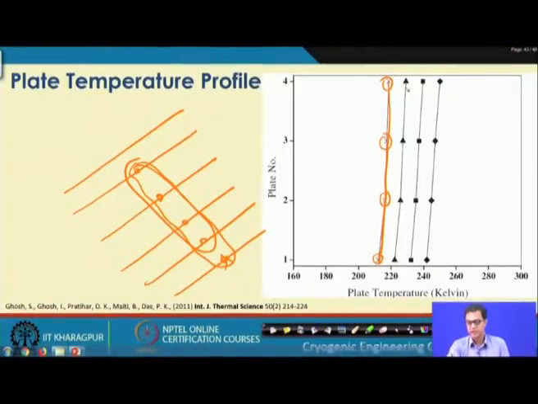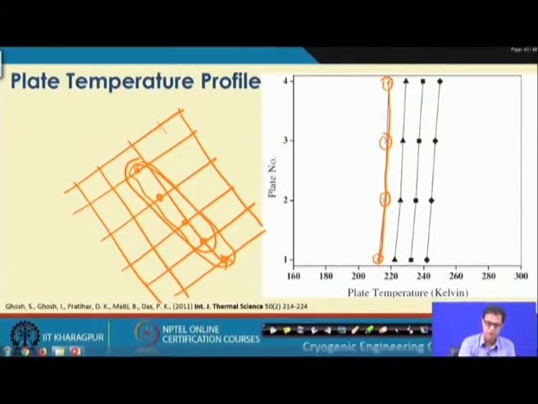Similarly, we have divided this entirely into 4 positions, and we have noted these 4 temperatures. If we go back to that original heat exchanger picture, you will find that there were 4 such locations at which all those temperatures were calculated.